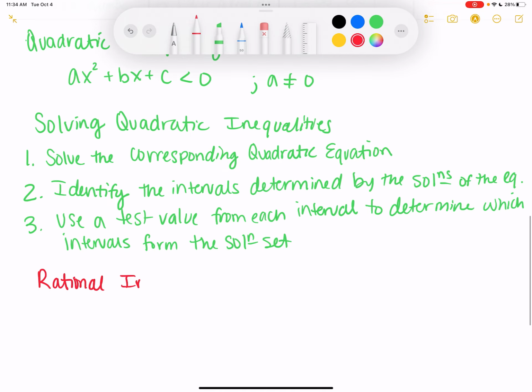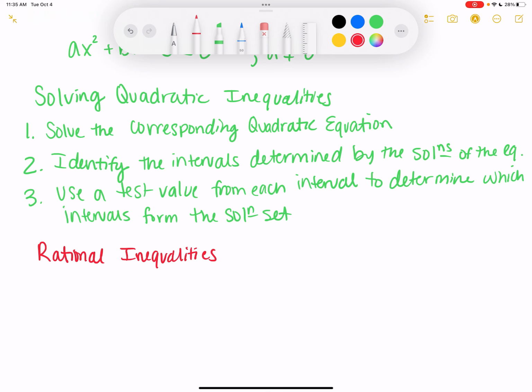Rational inequalities. So, the book has different steps, but I'm gonna basically solve them the same way we solve rational equalities, in terms of getting a common denominator and stuff. The only thing is at the end, you've also got to do step 3 from the quadratic inequalities to make sure that it works.